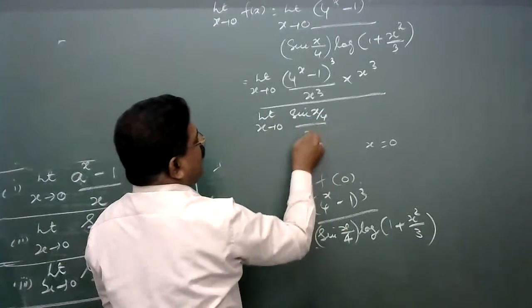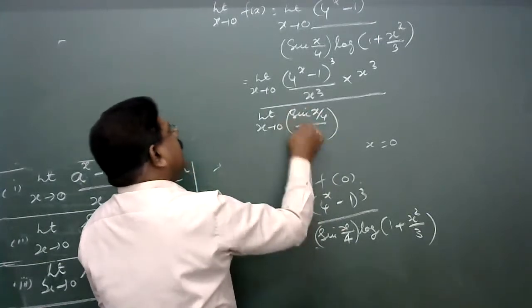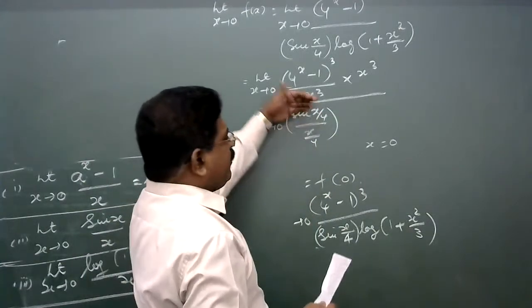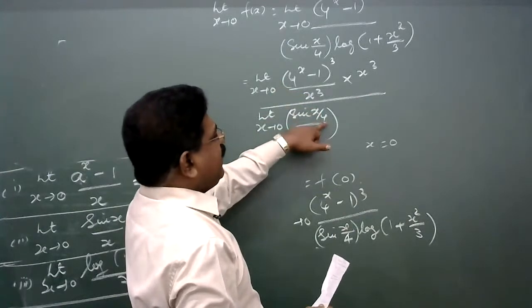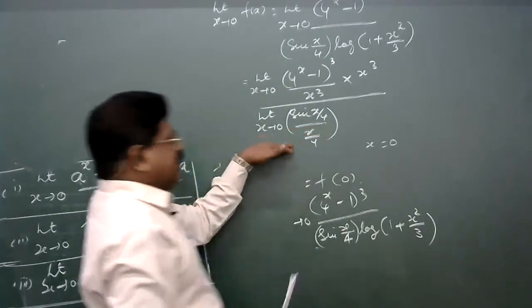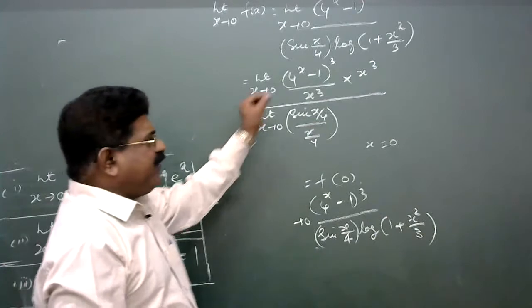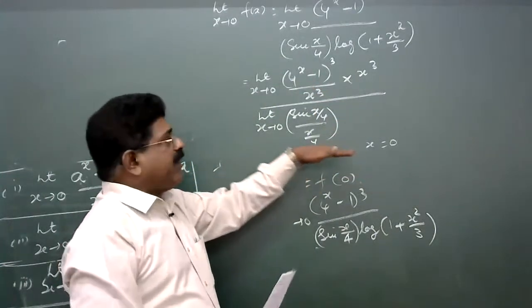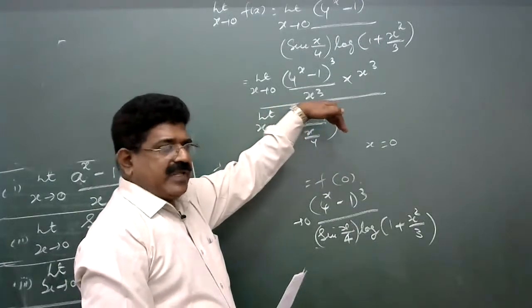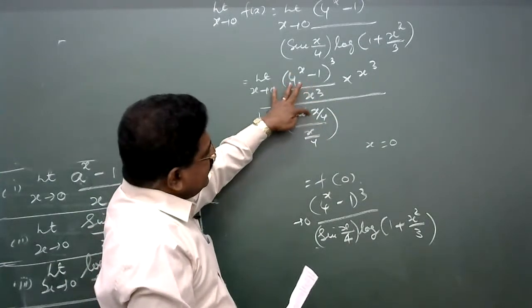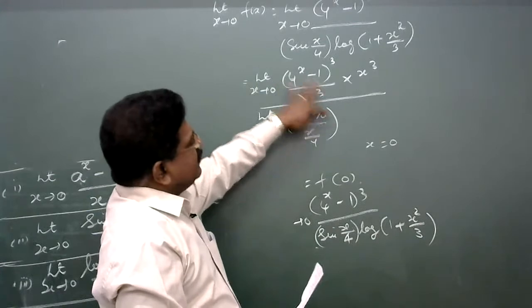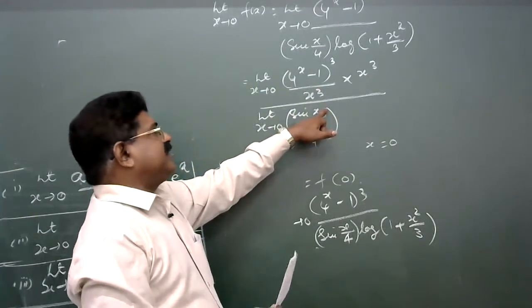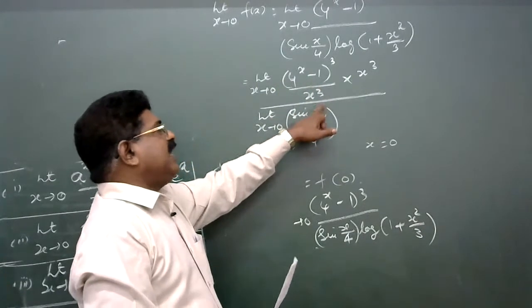upon x by 4. You may feel: why instead of dividing by x, why multiply x by 4? The quantity x tending towards 0 is a very small quantity. When divided by 4, again it becomes a very much smaller quantity. Whatever the quantity is in this portion, that means the radian, the angle, that should be the same.